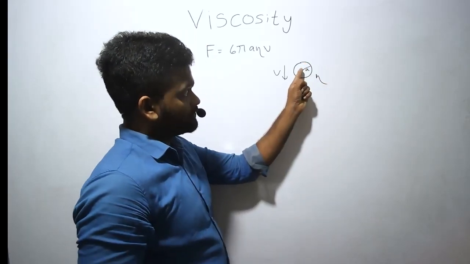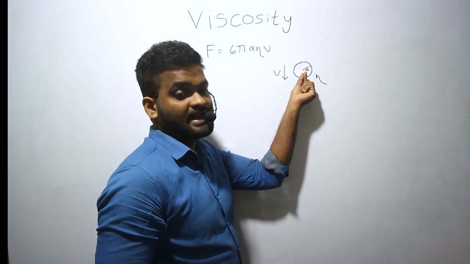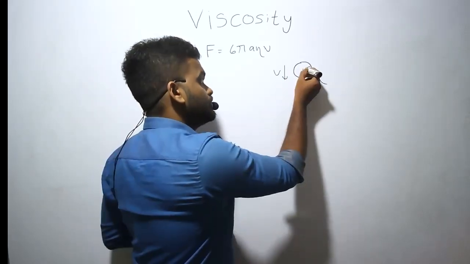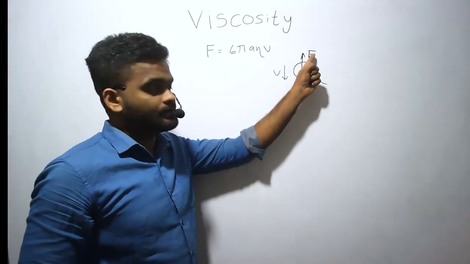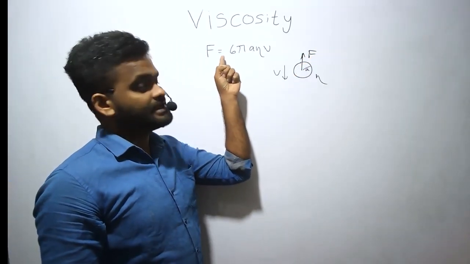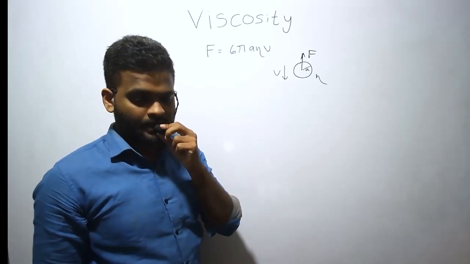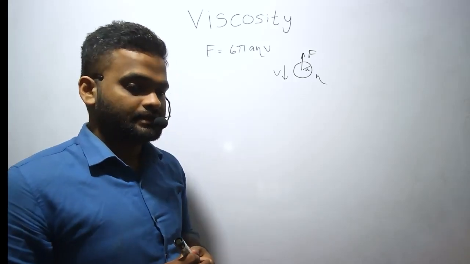We know that the medium causes a resistive force or viscous force on this object, to the opposite side. So this viscous force can be given using this equation, 6 pi A eta V. So that is what we talked about in the last theory part, right?